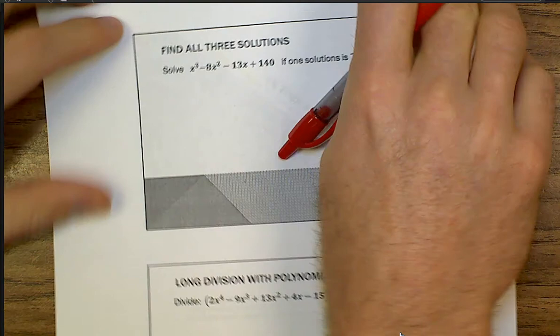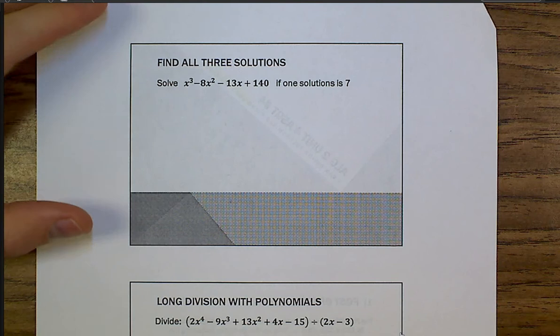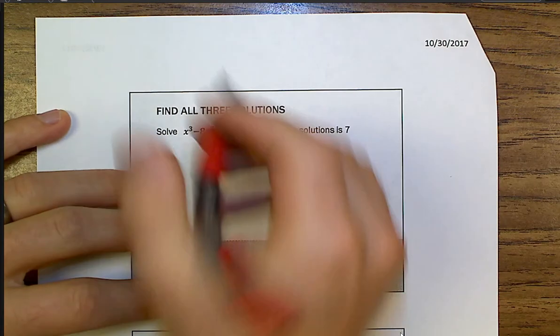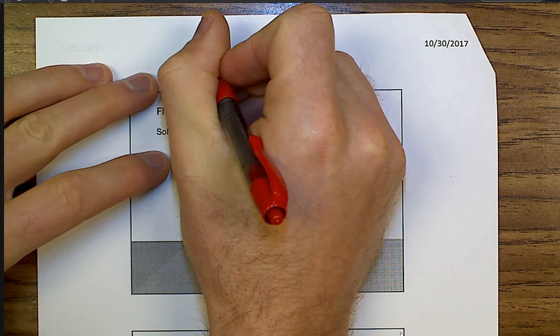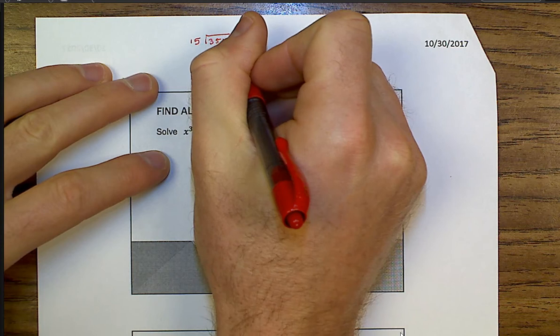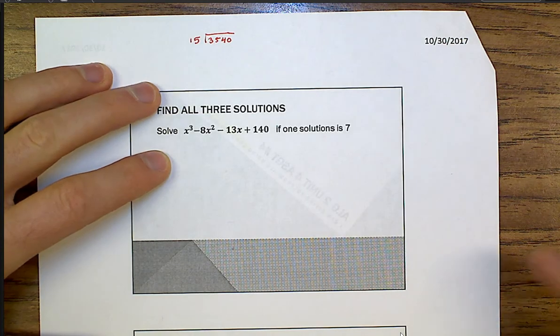And we're going to talk about long division. Now, just to refresh your memory, I'm going to take 3,540 and divide it by 15 using long division. You kind of have to go back a ways.